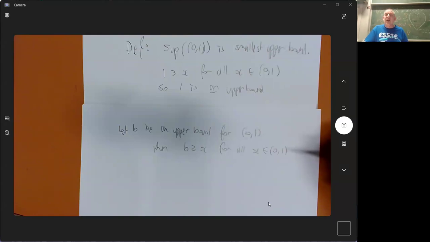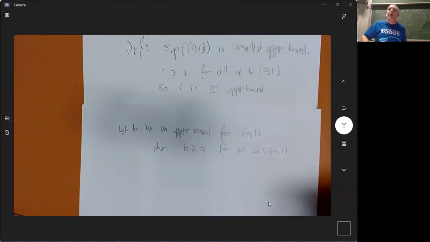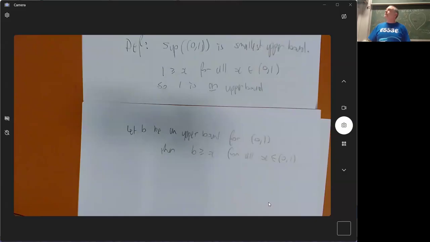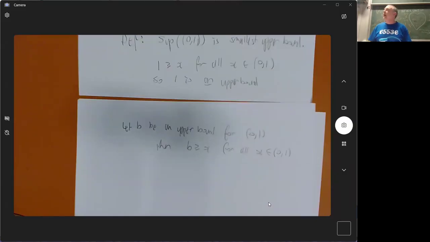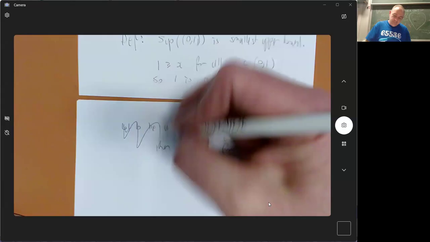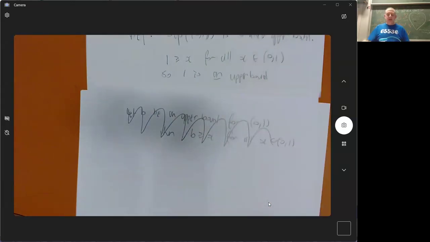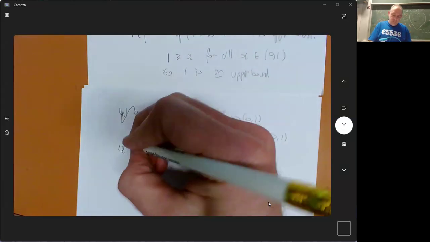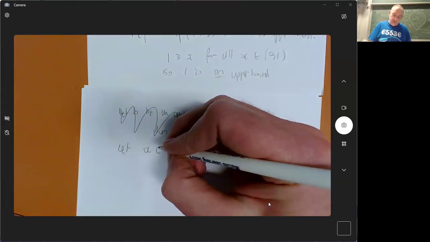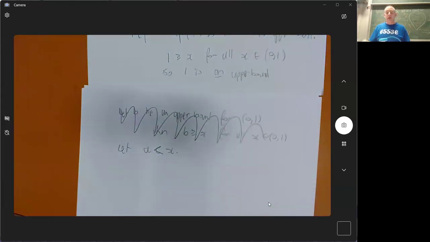I guess you could do a contradiction. So, let A be less than 1, and we need to show that that's not an upper bound.